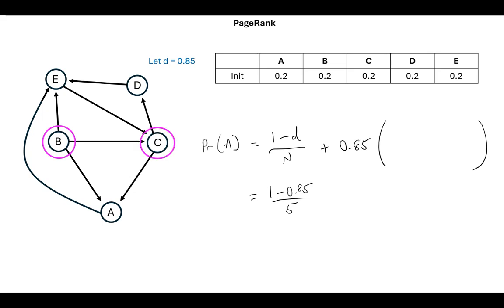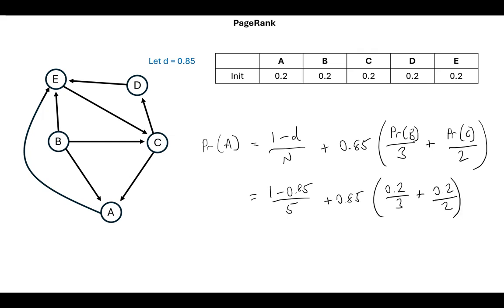We can see that B and C both link to A. If I'm on B, there are 3 outgoing links, so there is a 1 in 3 chance if I'm clicking a link from B, it'll take me to A. At C, there are 2 links, so there is a 1 in 2 chance that I'll go from C to A. We use the page ranks of B and C divided by 3 and 2 respectively because they represent the probability that I'm on B or C in the first place. So we can imagine this a bit like a giant complicated tree diagram. We stick all this in our calculator and we work out an answer.